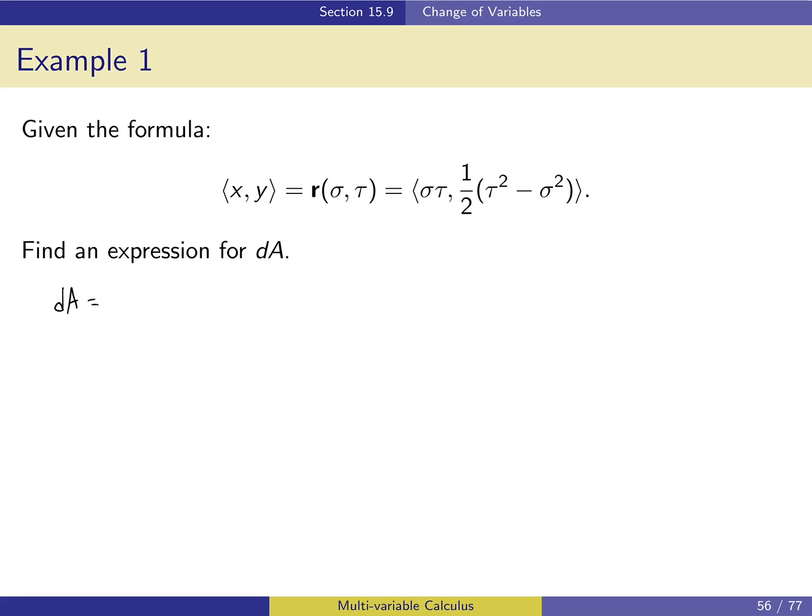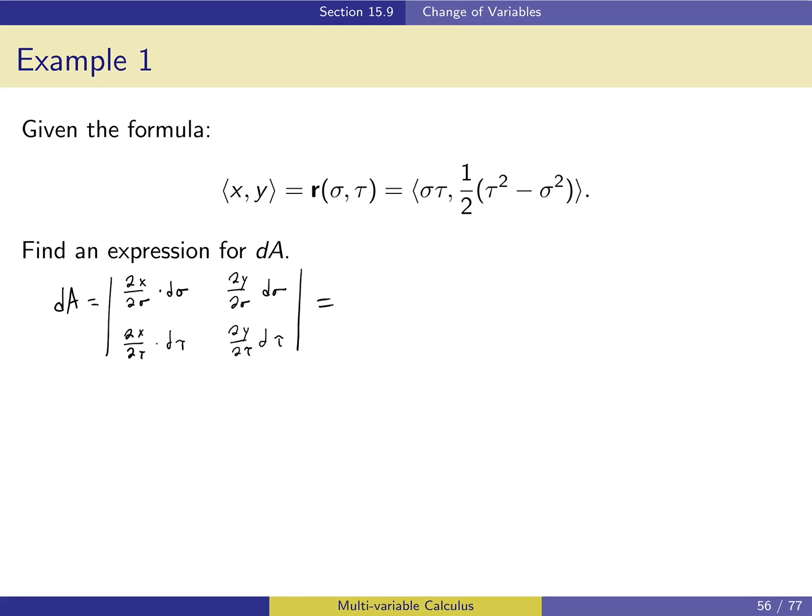So the formula we had is that dA is the determinant of the matrix, dx d sigma times d sigma, comma, dy d sigma times d sigma, over dx d tau times d tau, dy d tau times d tau. So those are the two vectors, and we're just going to find this determinant.